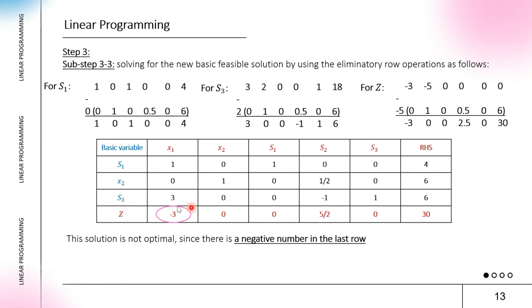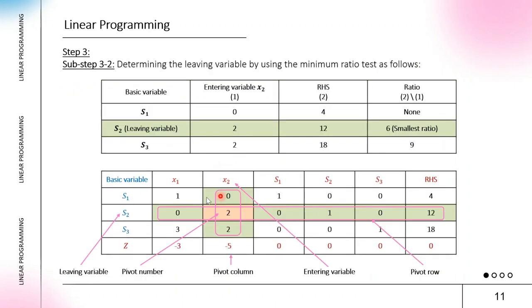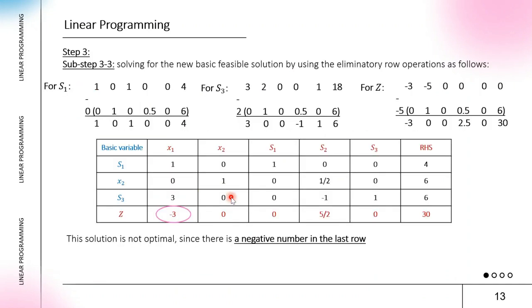Consider the first row, row S1. Row S1 has a 0 in the pivot column, as we can see from here. So it remains unchanged.